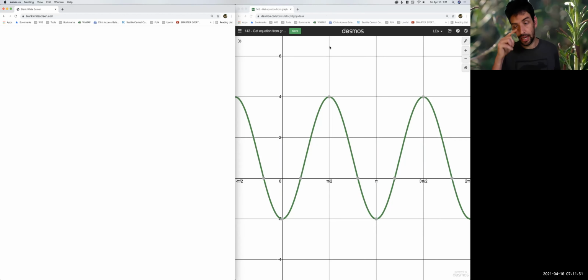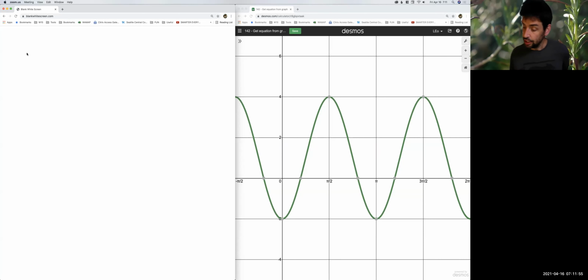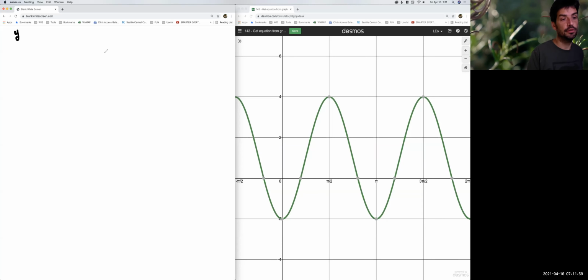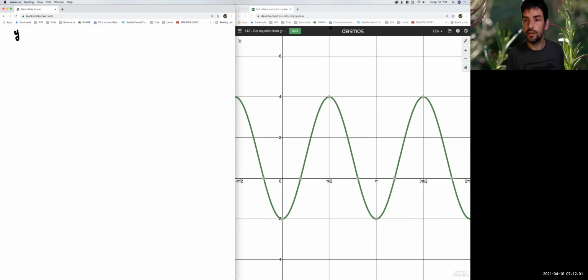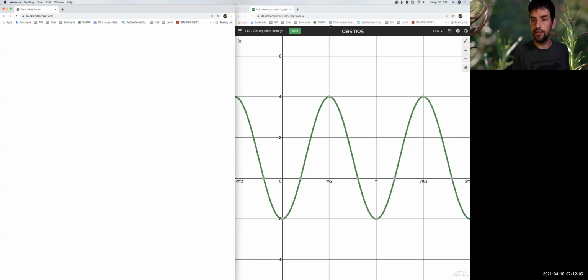And let's talk about what kind of function we're going to find. So remember, sinusoidal functions come, let's make this a bit smaller, in, for our purposes, two styles.